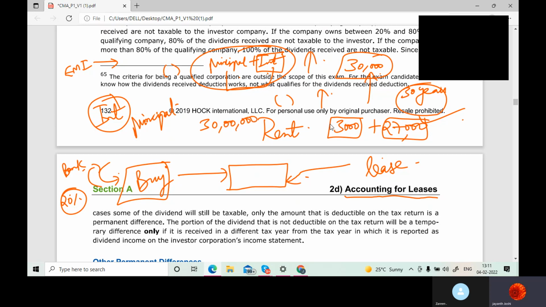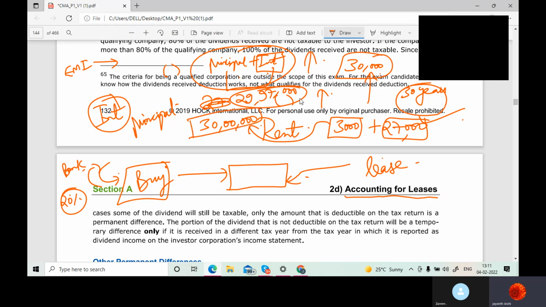Out of 30 lakhs, 3,000 will be deducted and the outstanding amount is 29 lakhs 97,000, correct? Yes, sir. After deducting 3,000, the principal element, from the outstanding loan amount, 29 lakhs 97,000 is left over. On this, the next interest would be charged.